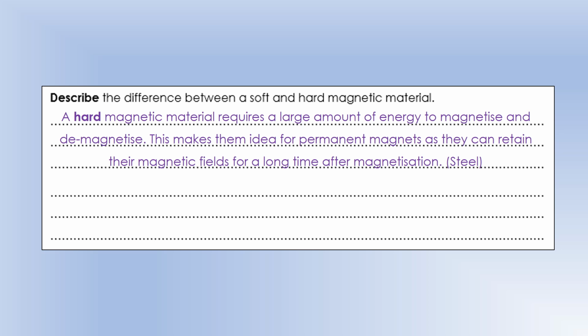Once we've magnetized them, they will maintain their magnetic field for a very long period of time. But to produce a permanent magnet, we would want to be heating and hammering with our external field, because it's a very difficult process to do. But once you've done that, that will stay that way for a long time. And steel is a classic example of a hard magnetic material. So a lot of permanent magnets are made out of it.